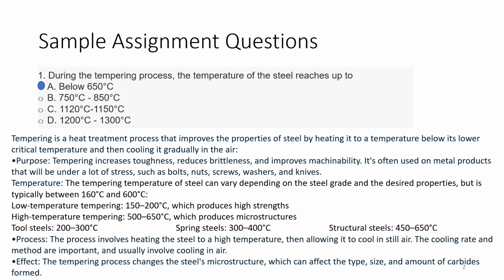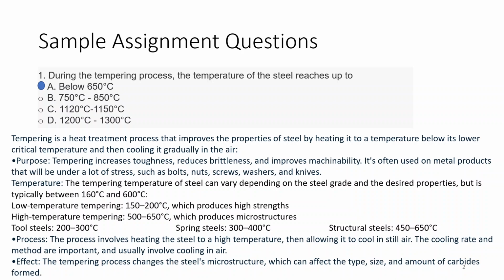So those will have lower strength and lower hardness. Okay, so high temperature tempering is carried out at 500 to 650 degrees Celsius, and this produces microstructures which are coarser in nature.